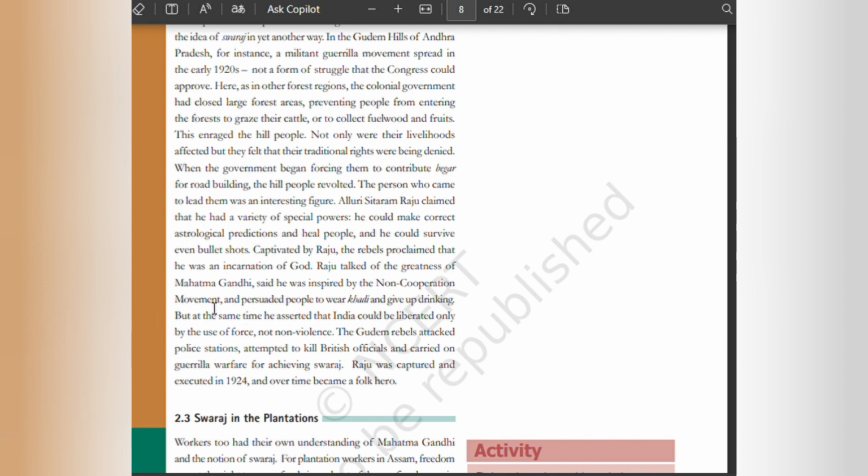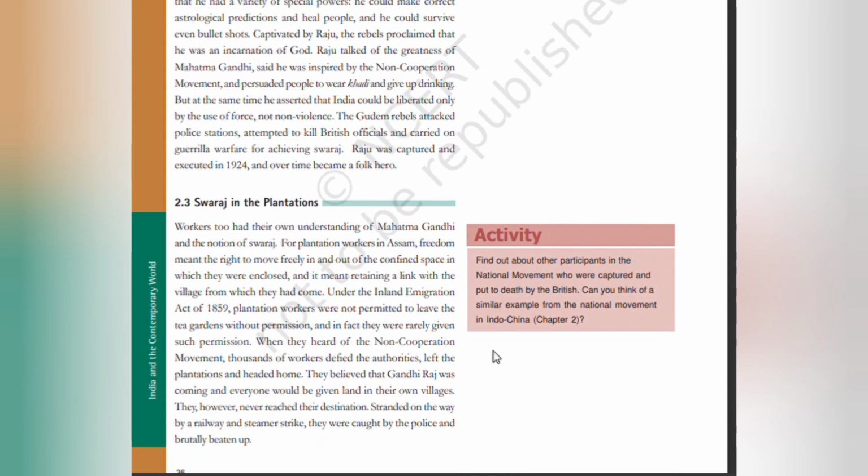But at the same time, he asserted that India could be liberated only by the use of force, not non-violence. The Gudem rebels attacked police stations, attempted to kill British officials, and carried on guerrilla warfare for achieving Swaraj. Raju was captured and executed in 1924 and over time became a folk hero.